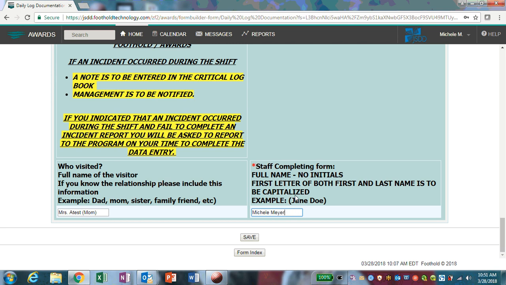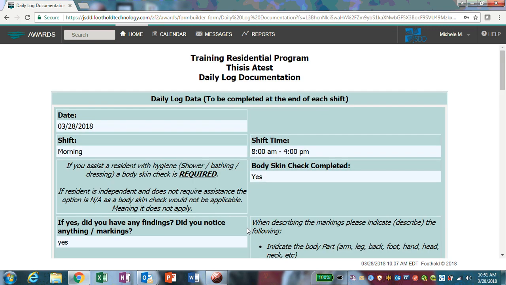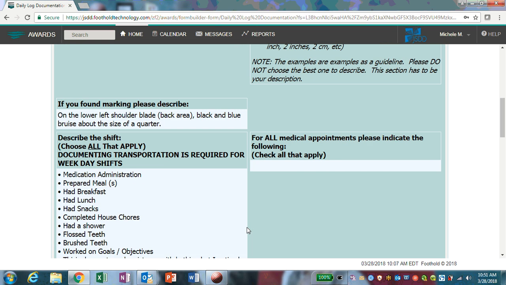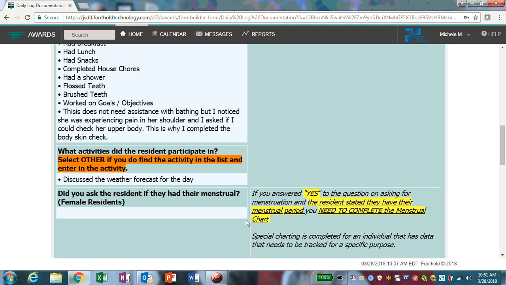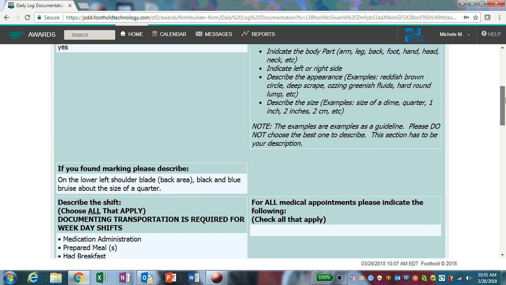My full name needs to be in here, which is what I did. And the first letter of both my first and last name have been capitalized. Now at this point, I can save this document. And now it's done.